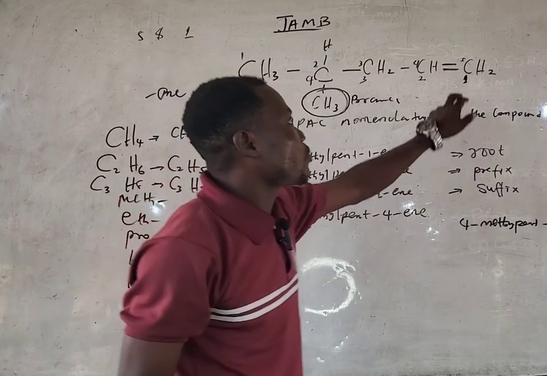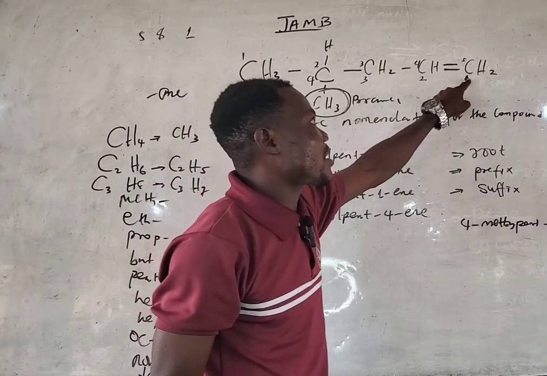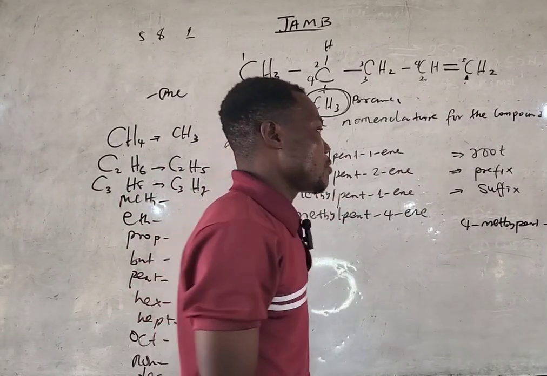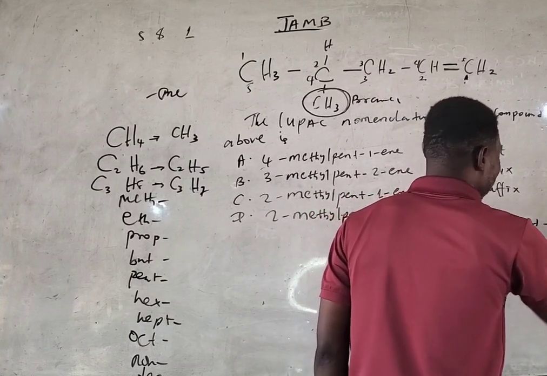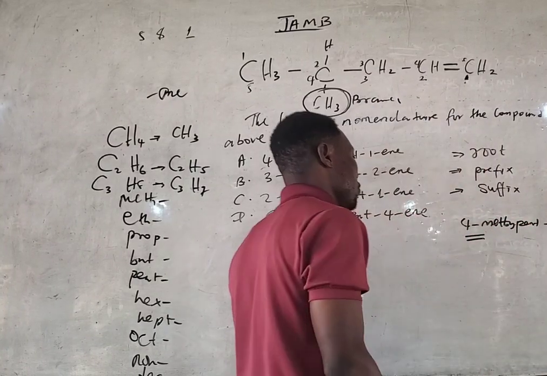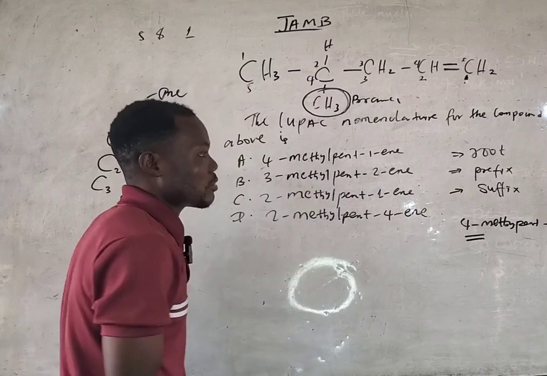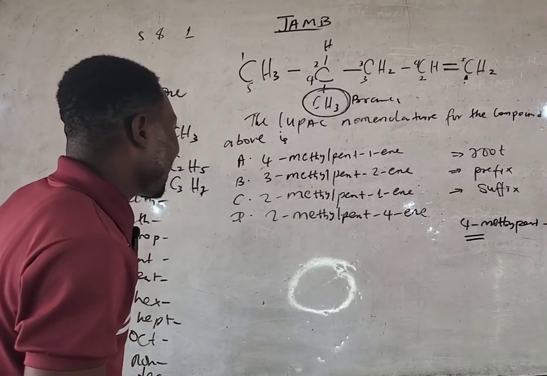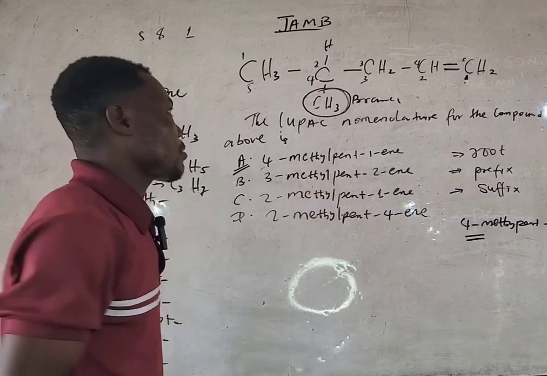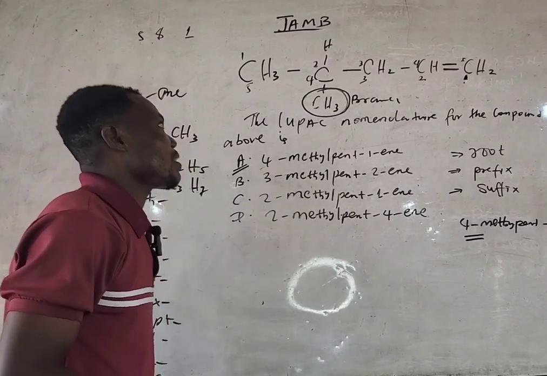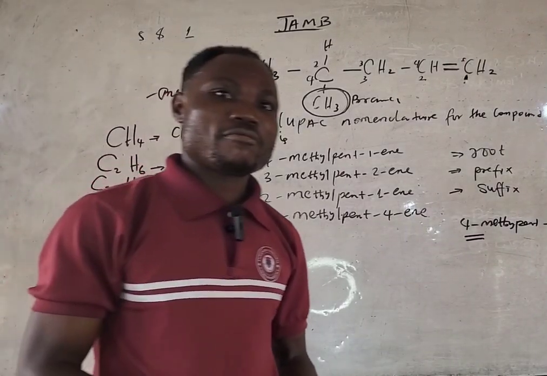And again, the double bond is found on the first carbon atom. So this is pent-1-ene. So the IUPAC name of this compound is 4-methylpent-1-ene. So that is option A, 4-methylpent-1-ene.